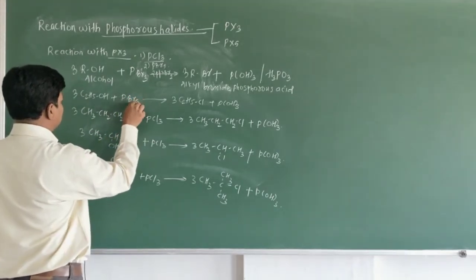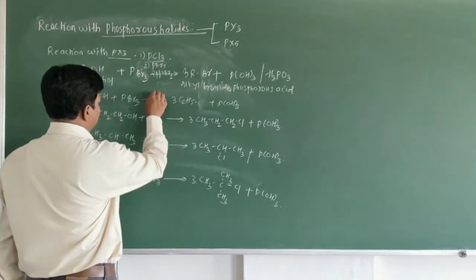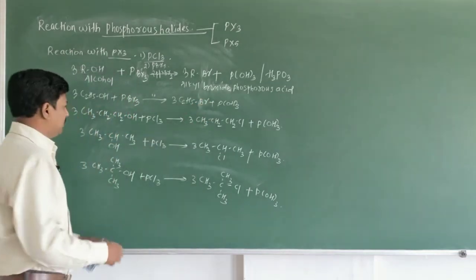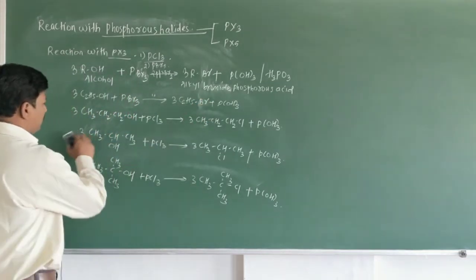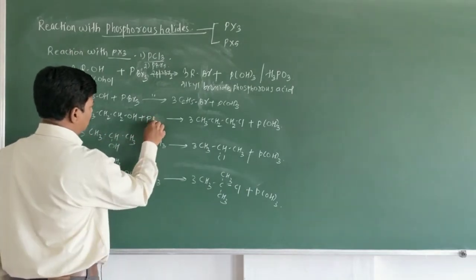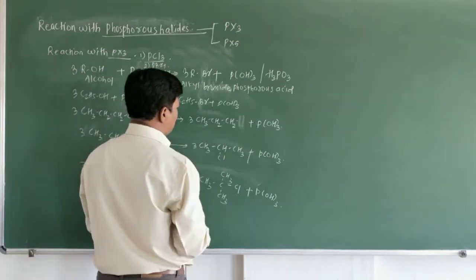The reaction is like this: when ethyl alcohol reacts with red phosphorus and bromine, it forms ethyl bromide. Then the next reaction is when n-propyl alcohol reacts with red phosphorus and bromine to form n-propyl bromide.